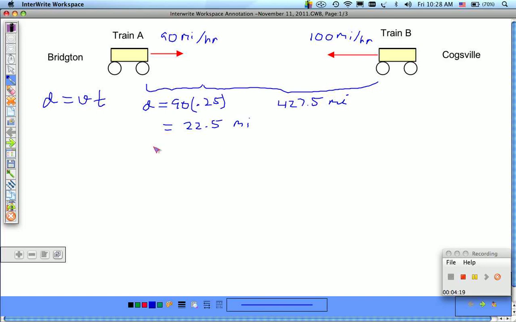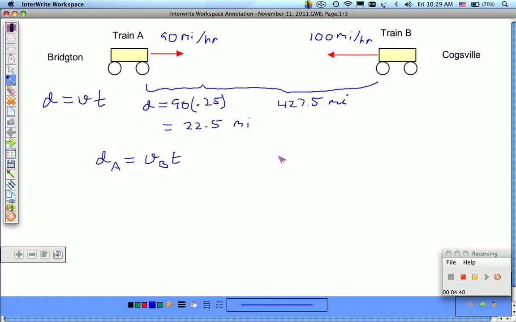Now, we have to develop two different expressions, two algebraic statements that relate the distance traveled for each train. For train A, let's give it an expression: d sub A, the distance that train A has traveled east, is equal to V sub A, the velocity of train A, times time.